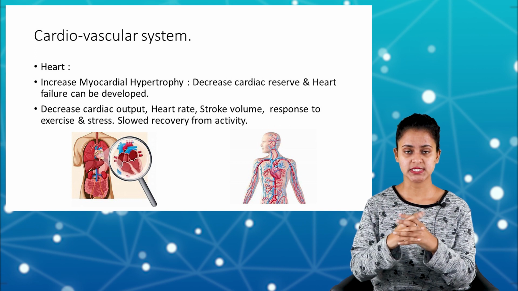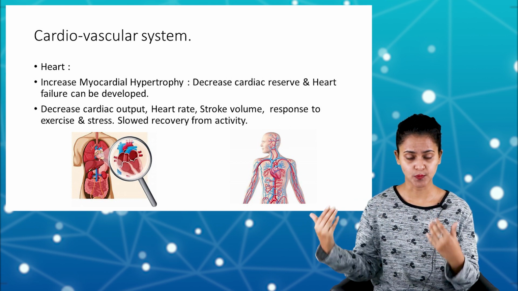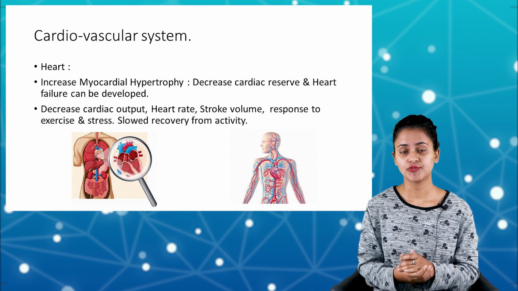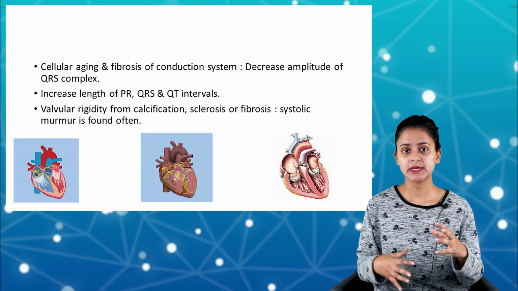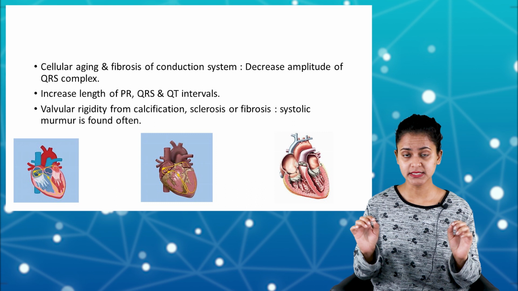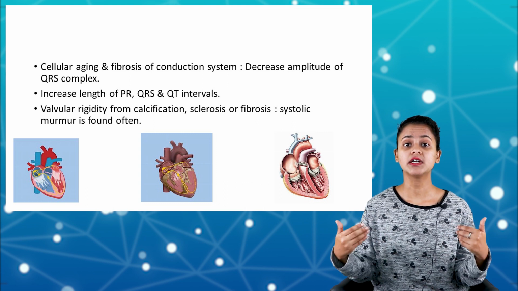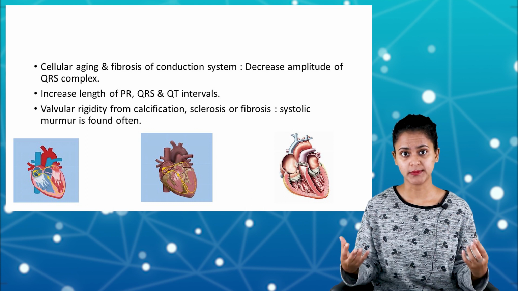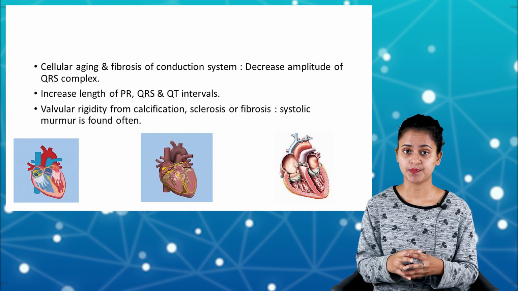Cardiovascular system associated changes are also very common among the old age population. We're going to see certain changes related to the heart. Generally, there will be increased myocardial hypertrophy, which will ultimately decrease the cardiac reserve, and heart failure can very commonly develop among older adults.